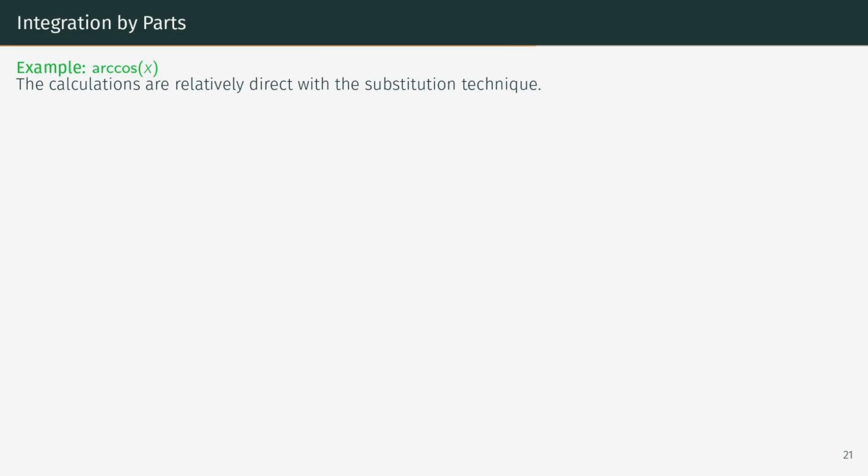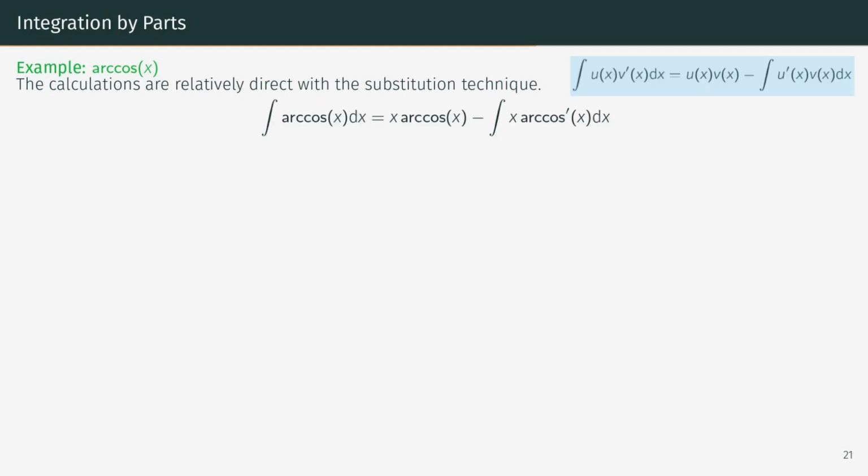Another example of integration by parts is the integral of the arc cosine of x. Using the substitution technique, the calculations are relatively direct. First, we use integration by parts so that the integral of the arc cosine of x dx is equal to x times the arc cosine of x minus the integral of x times the arc cosine prime of x dx.